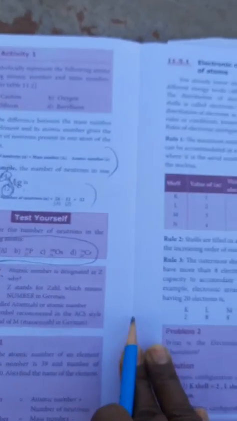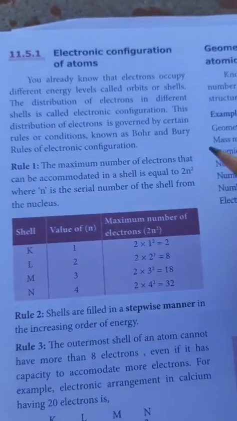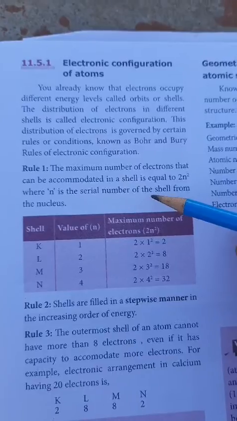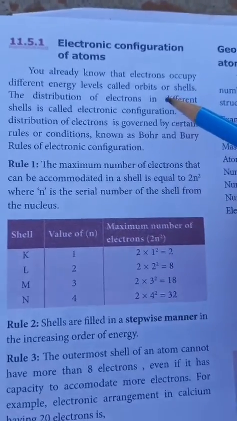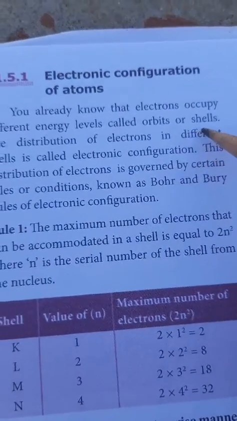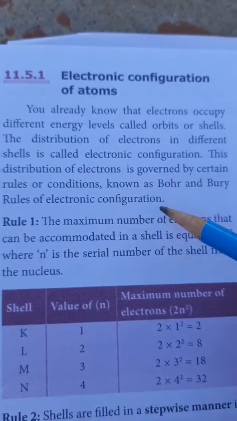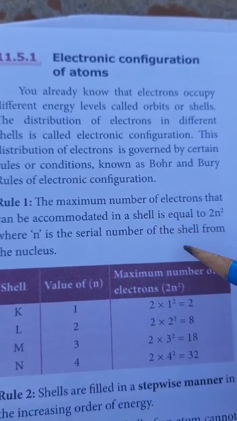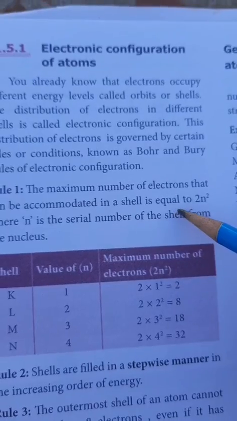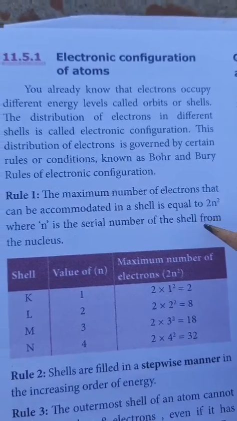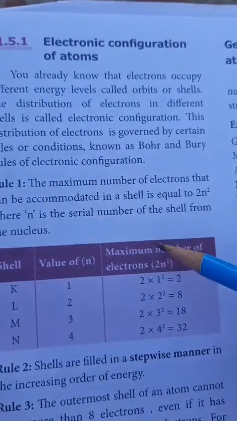What is electron configuration? You already know electrons occupy different energy levels, called orbits or shells. Rule: the maximum number of electrons that can be accommodated in a shell is 2n squared, where n is the serial number of the shell from the nucleus.